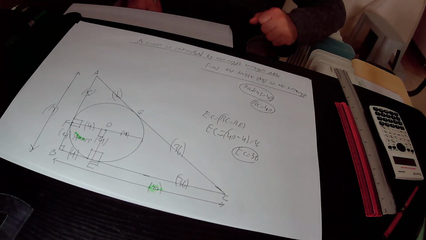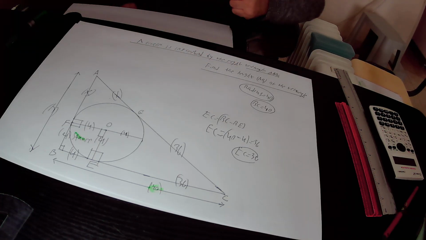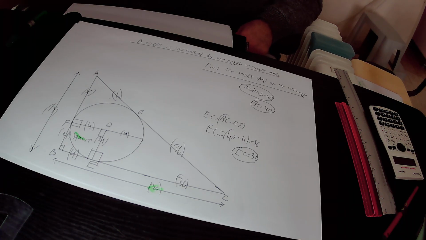In the next step, we will implement the Pythagoras theorem on this big right triangle ABC. According to the Pythagoras theorem, in any right triangle, the square of the hypotenuse equals the sum of the squares of the perpendiculars.